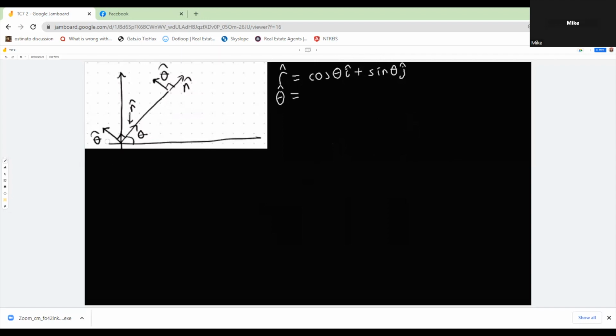So, kung ganun, theta rin to. Ano yung angle measured from the x-axis?